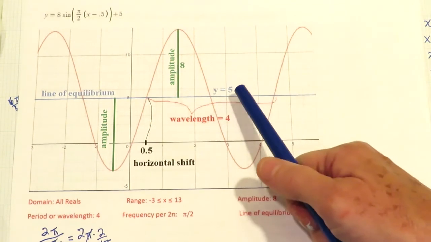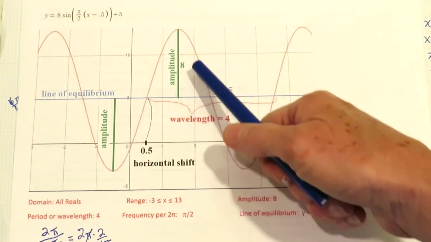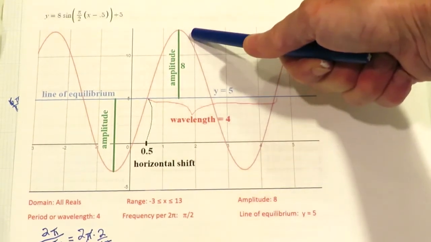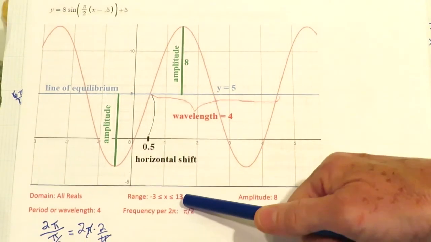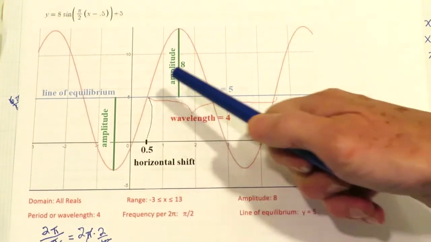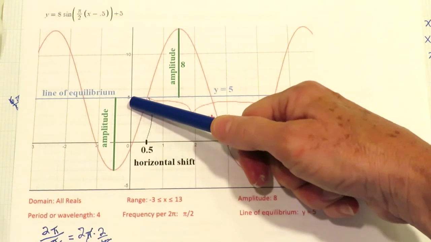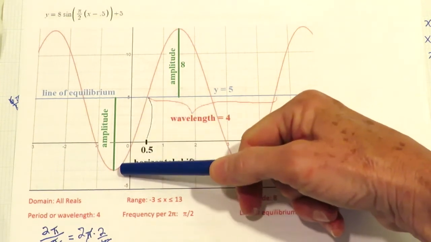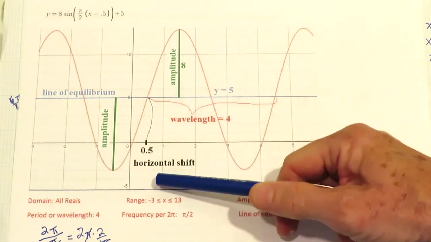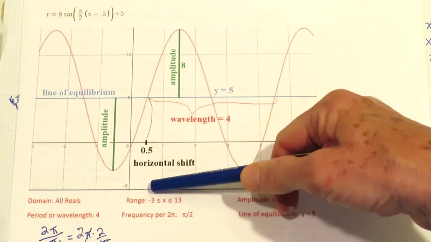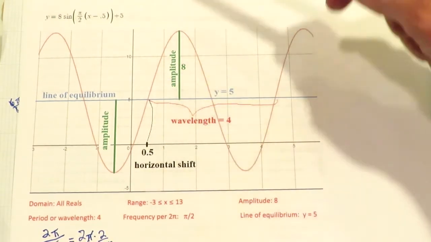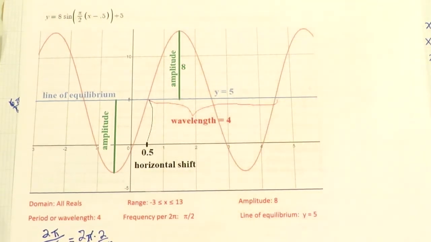So my middle is 5, and I'm adding 8. So what is 8 plus 5? It's 13, so that's the maximum of the range. The middle is 5. 5 minus 8 is -3. And so -3 is the minimum of the range. So this wave goes back and forth between -3 and +13.